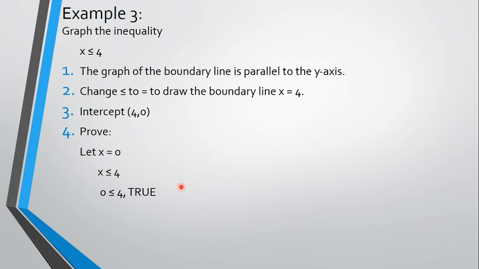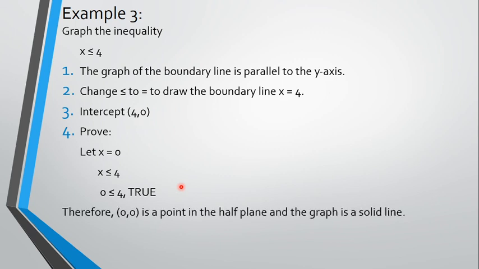Because using 0 as x, that is actually 0, 0. So it will pass through our origin. Okay, 0, 0 is a point in the half plane and the graph is a solid line.